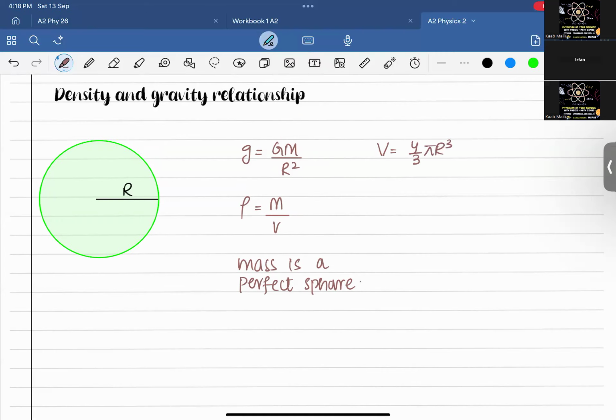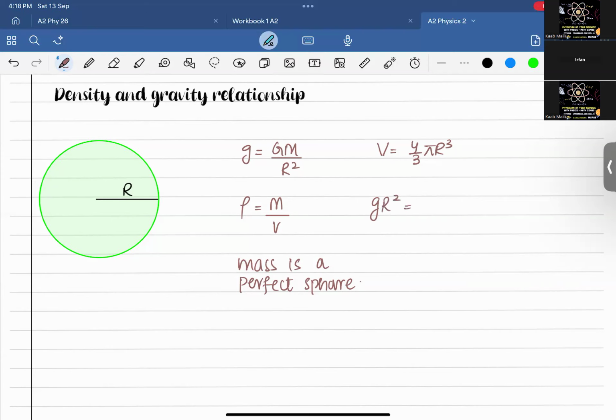So g is equal to G M over r squared, and r remains the same.